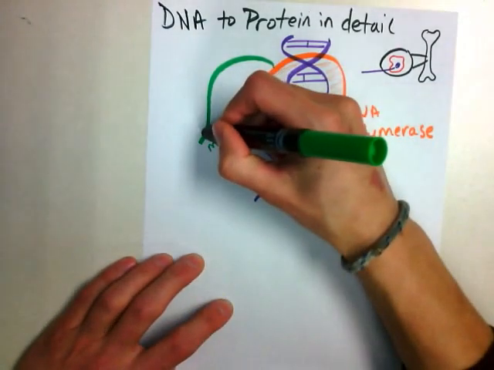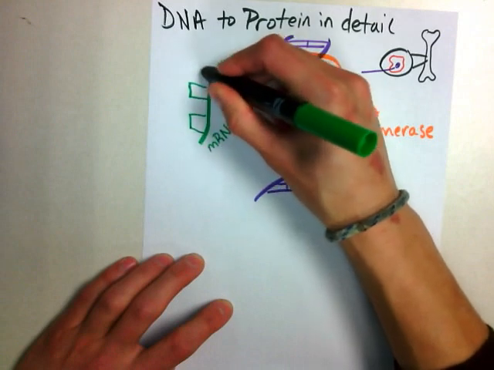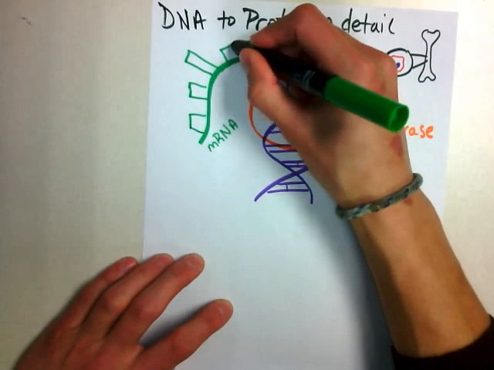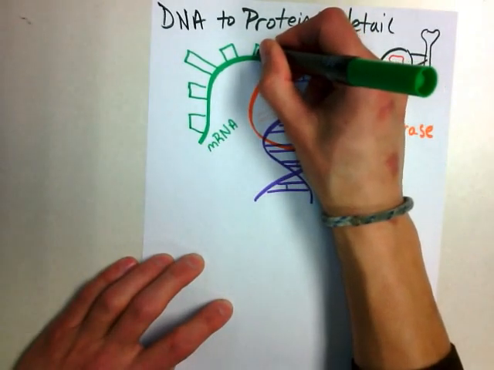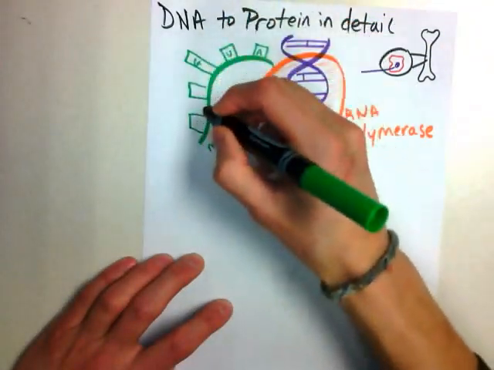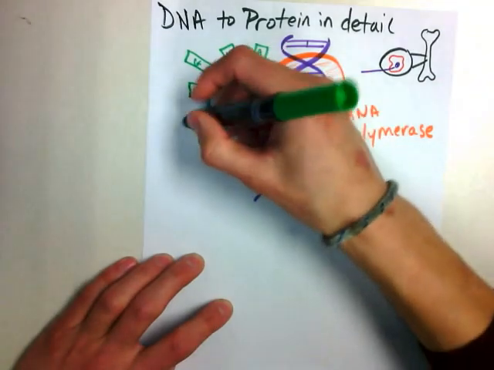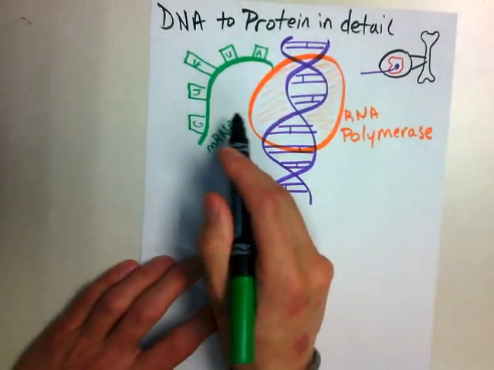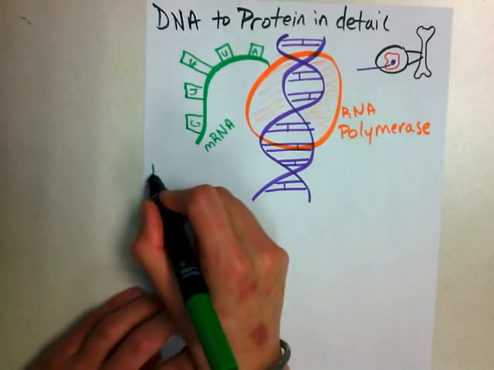RNA is a little bit different than DNA. In a sense, we're not going to talk about that difference, but it does still have a code that it makes. And I'm just going to write in these letters. They'll make more sense in a bit. So with DNA to RNA, it gets a little bit trickier.